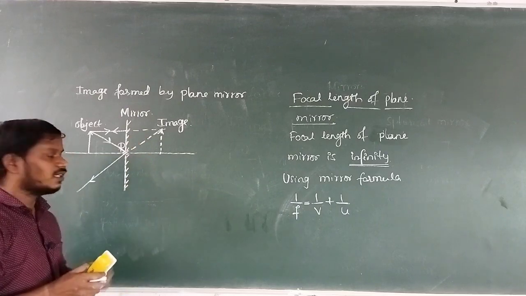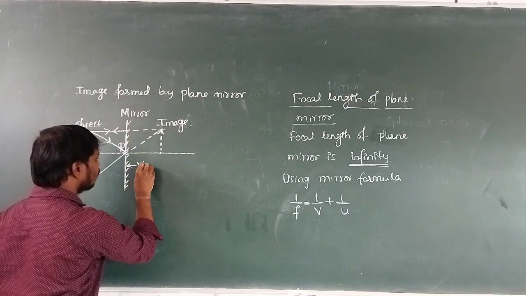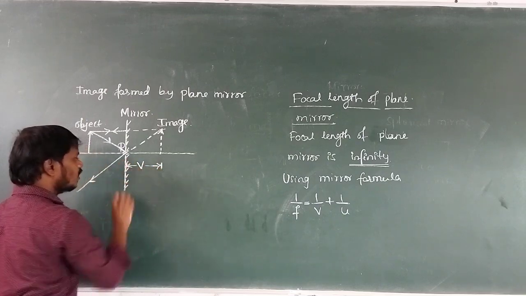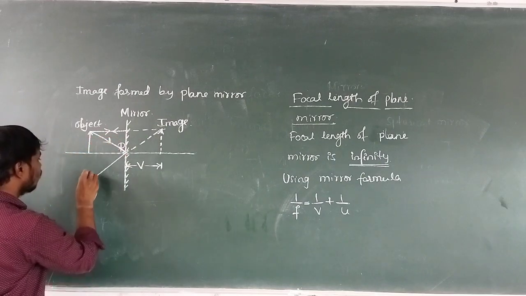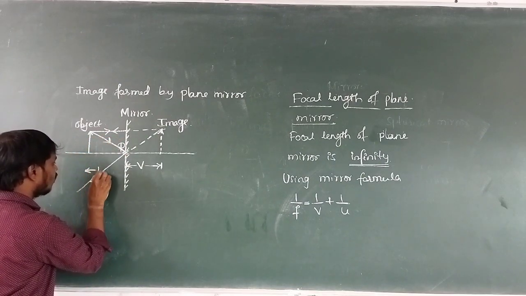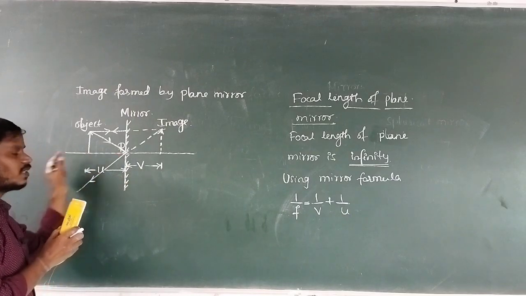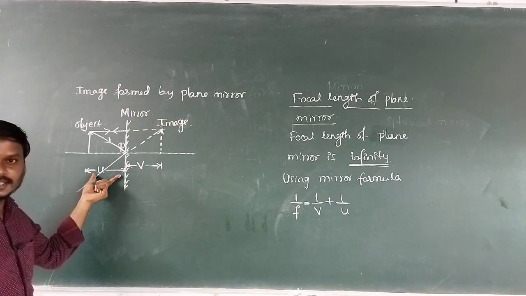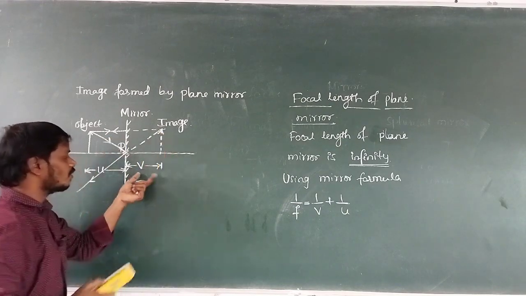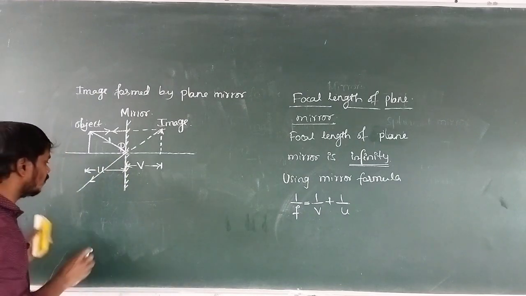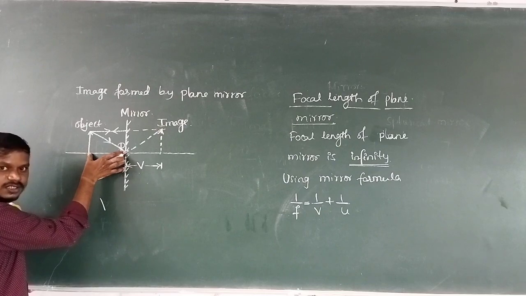The distance of the image from the pole of the mirror is called image distance, which can be taken as V. The distance of the object from the pole of the mirror is the object distance, which can be taken as U. Here the object distance is taken in the left direction, that is why it is taken as minus U, and the image distance is taken in the positive direction, so it is positive.